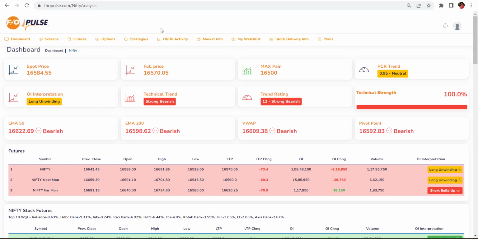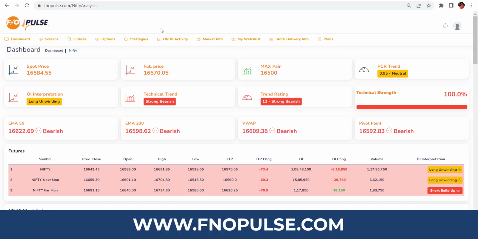Technical trend. The technical trend we are calculating with 12 parameters. Based on that, we decide whether the market is bearish, bullish, or neutral. If it is bullish, it means strong bullish; bearish means strong bearish. Trend rating: now it's showing strong bearish 12.